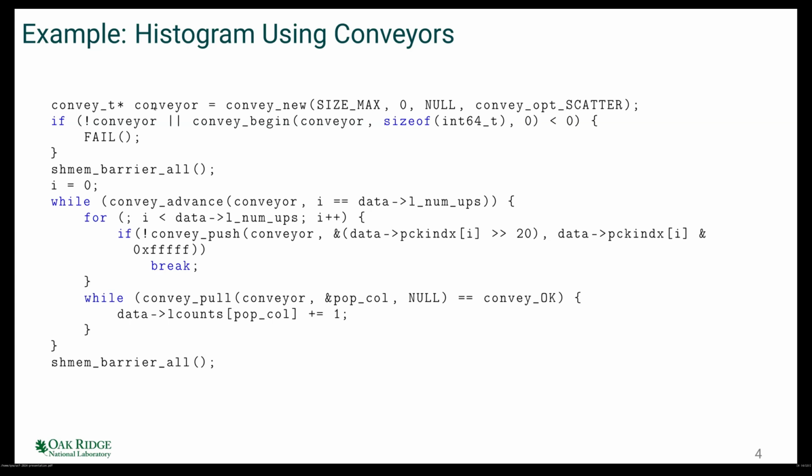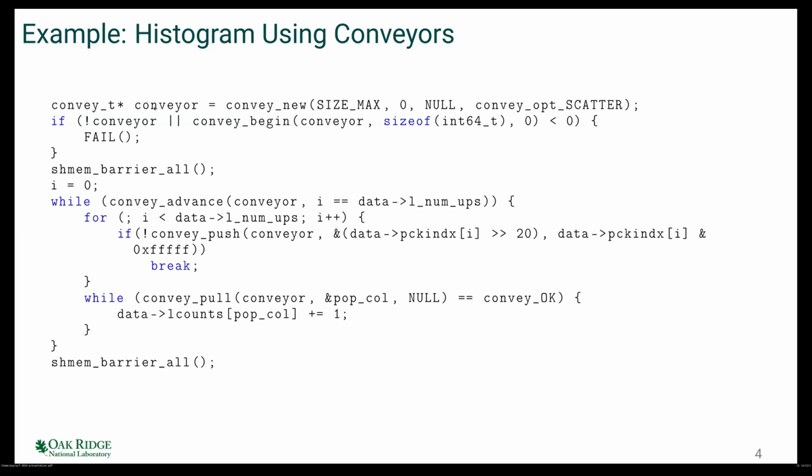So just to see a bit of what this actually looks like, this is an implementation of histogram, simple binning of data, implemented with conveyors. The bulk of it, after the initialization that we see, is in this while loop. And that's what I was getting at with the ad hoc part. Each time you're using the conveyors, you're basically making your own ad hoc progress loop for how to actually process what's going on.